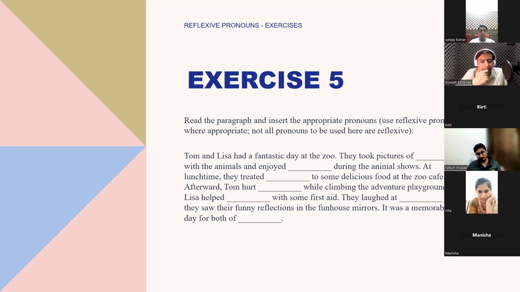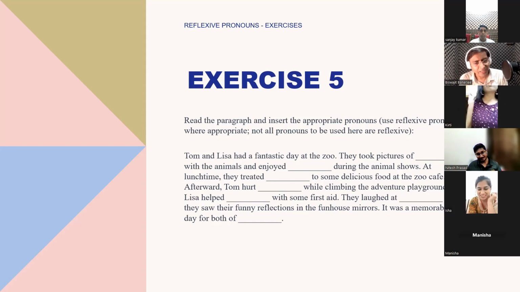Afterward, Tom hurt himself while climbing an adventure playground, but Lisa helped him with some first aid. They laughed at themselves. They laughed at them when they saw their funny reflection in the funhouse mirrors. It was a memorable day for both of them.